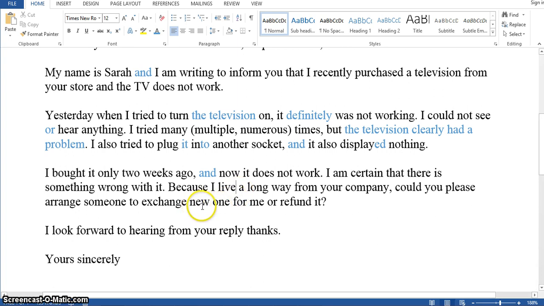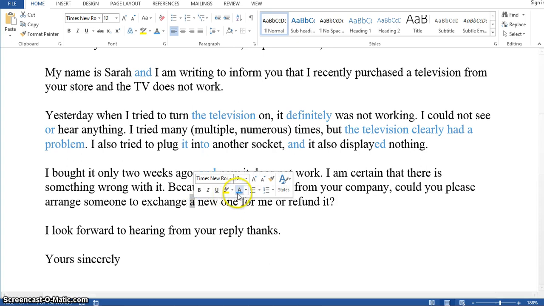So this is a singular noun. It's one new TV. So we need an article, and it's any TV, any one new TV. So we use the indefinite article, a new one for me, or refund.